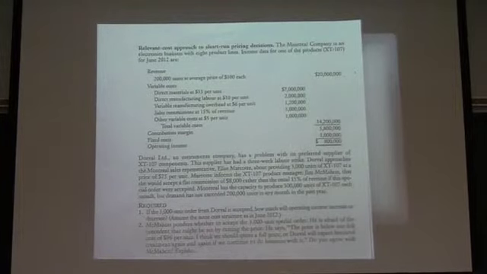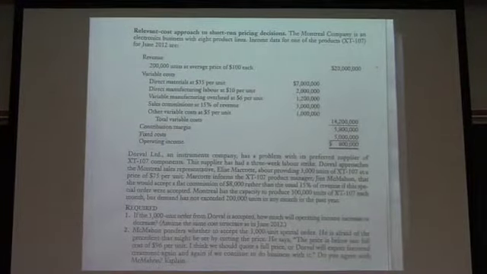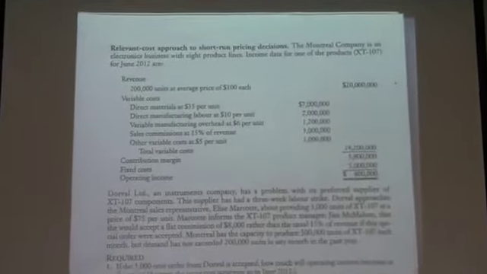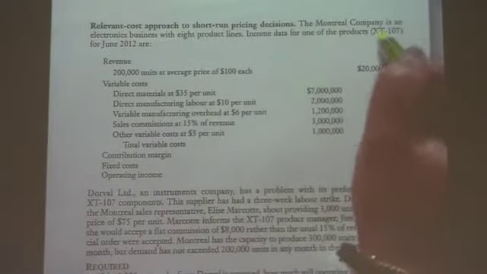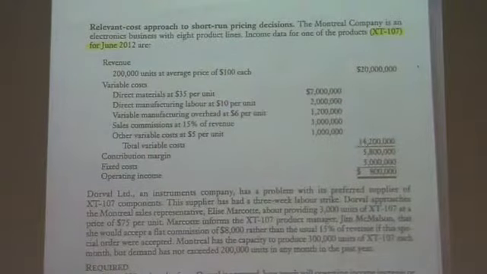So this question, Montreal Company, let me just make it a bit bigger. Montreal Company is an electronic business with 8 product lines. Income data of one of the products, XT107, for June is as follows. Let's take a look at it quickly. You've got revenue, $100 each.